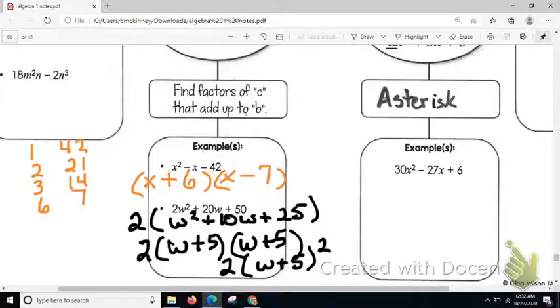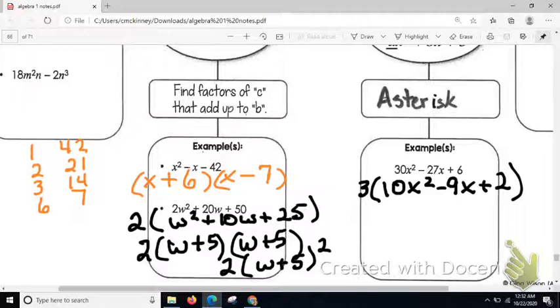So the one at the right where it says asterisk, when I look at that, it does have a GCF. 3 goes into everything. But what's going to be different here is after we divide everything by 3, I still have a 10x squared.